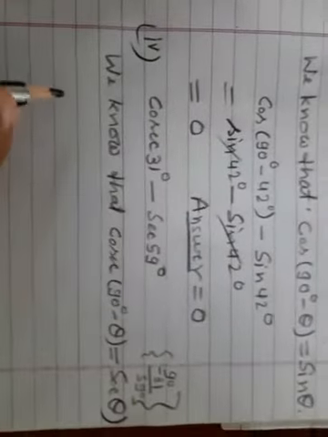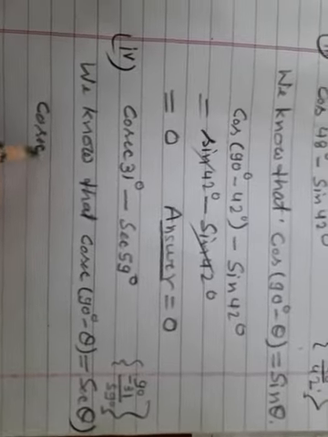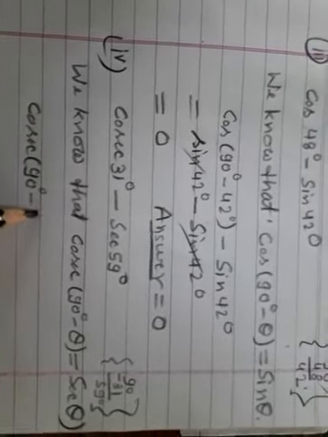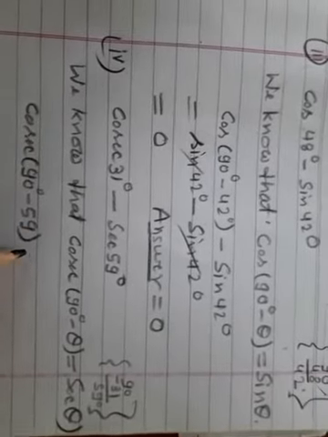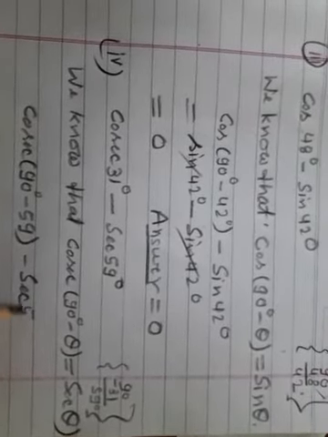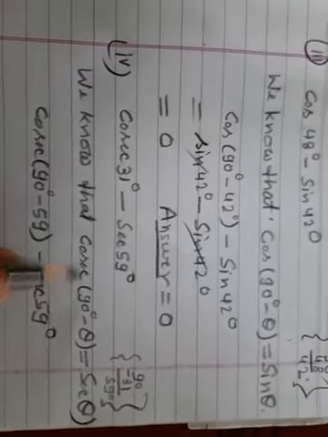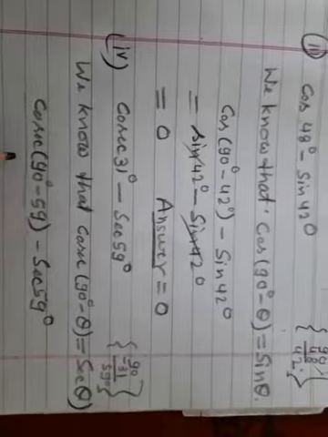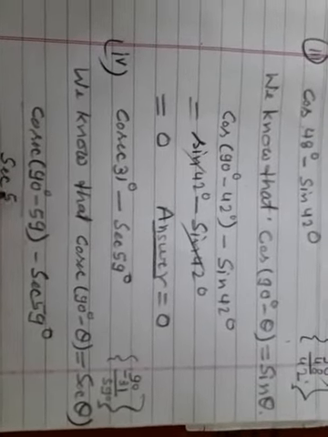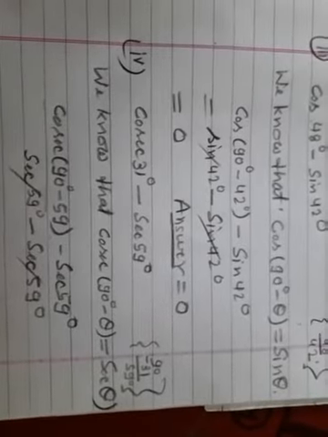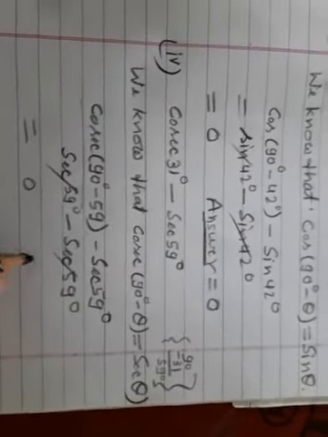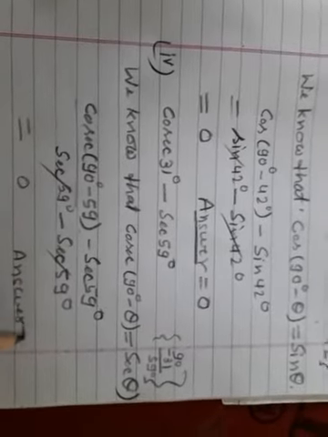So now cosec of (90 minus 59) is equal to sec 59 degree, so this is sec 59 degree minus sec 59 degree. Both are the same, this portion is cancelled. We get 0. Your answer is 0.